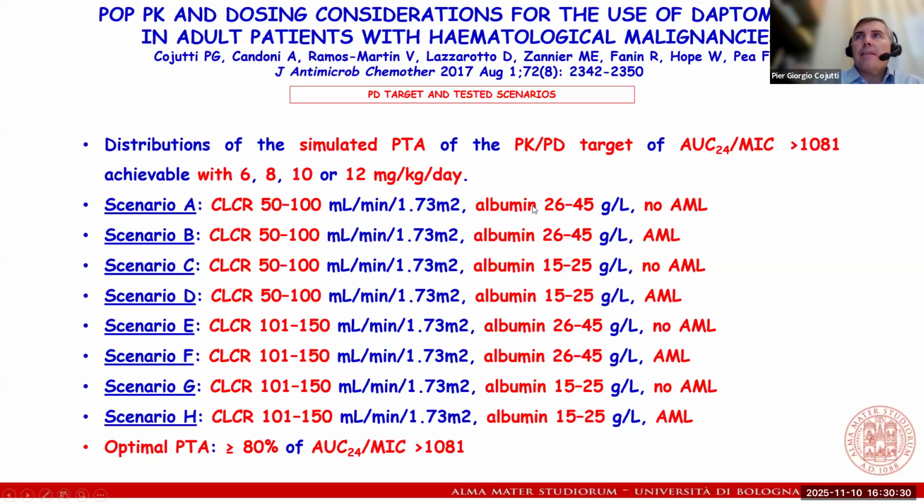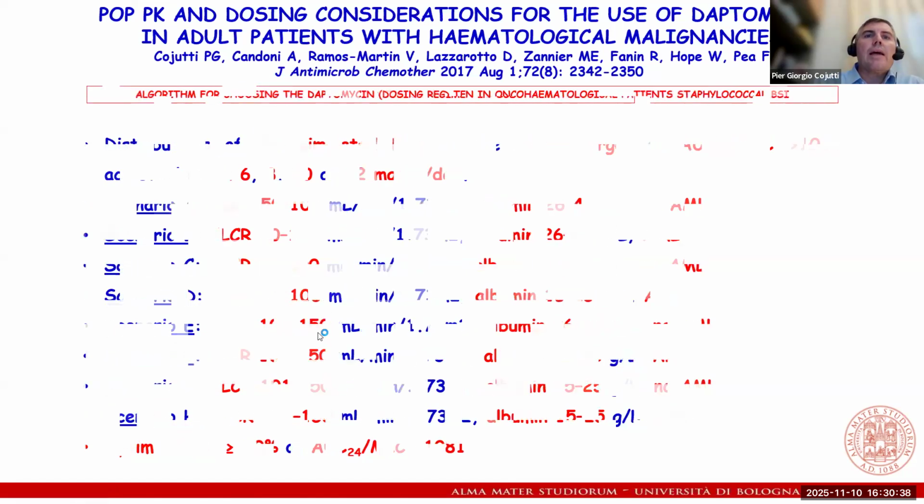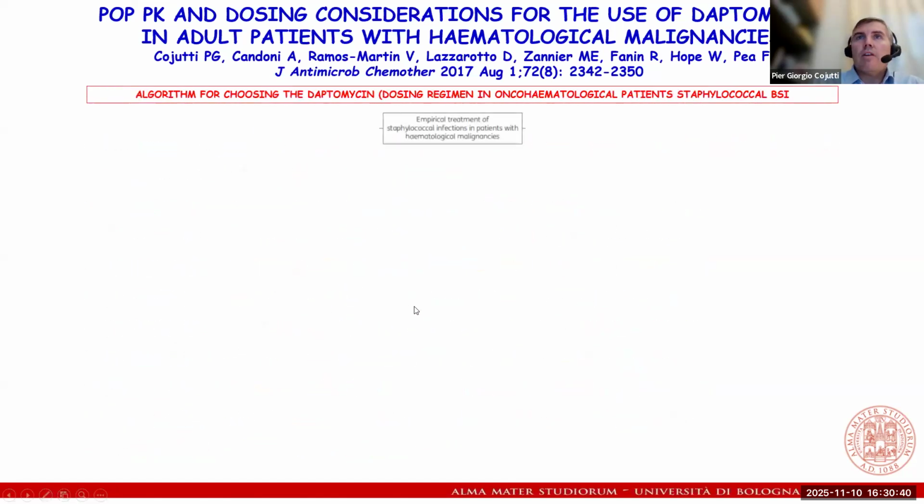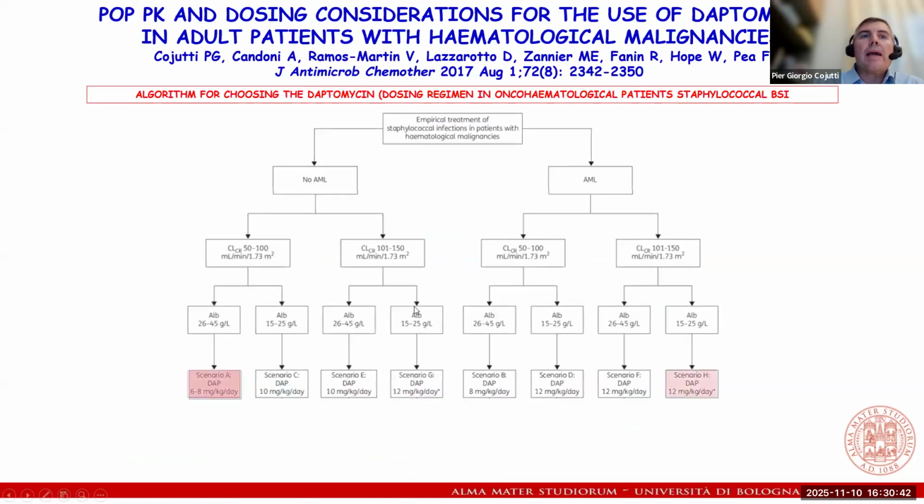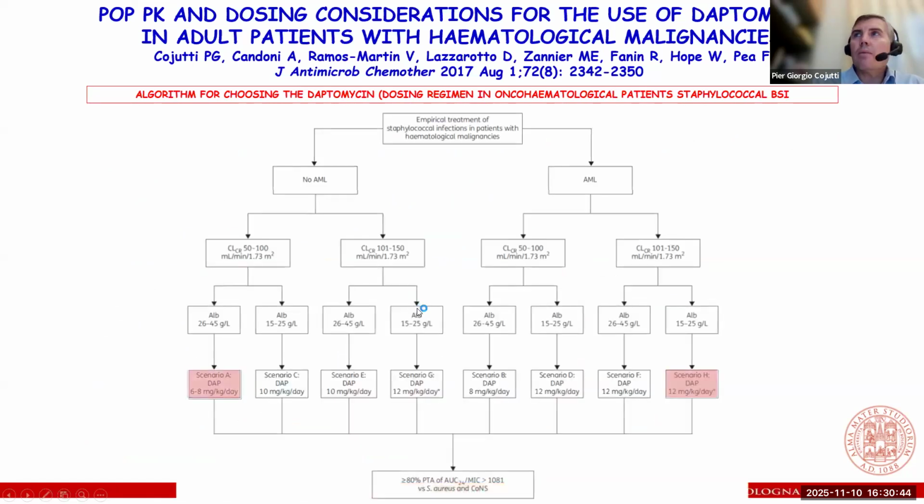So by combining these 3 scenarios, creatinine clearance, albumin concentration, and having or not acute myeloid leukemia, in order to target this AUC over MIC target, we can build this tree.